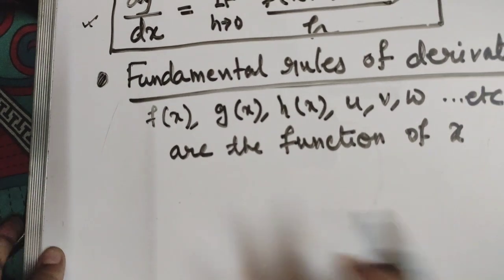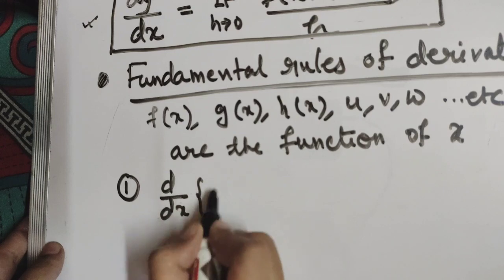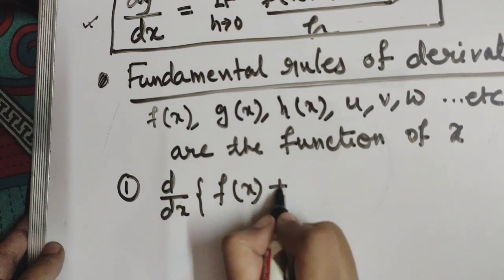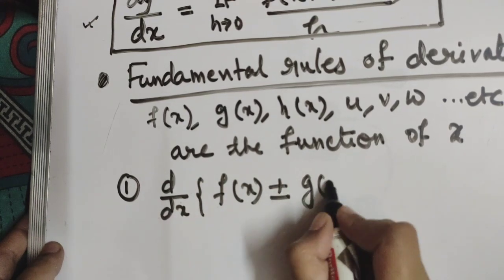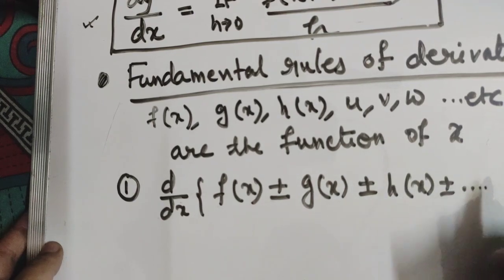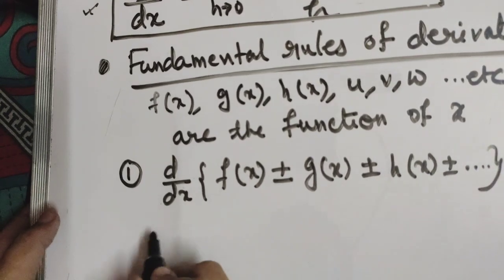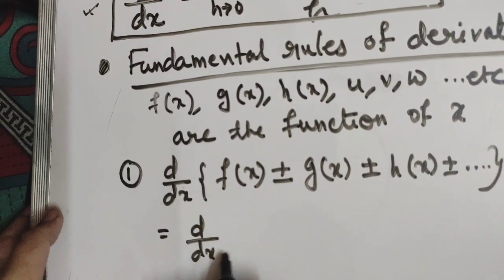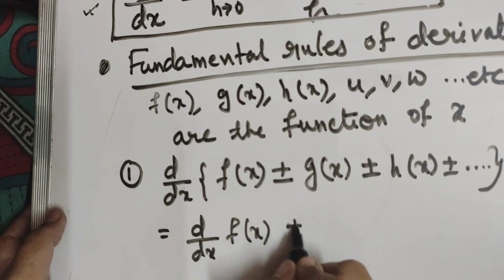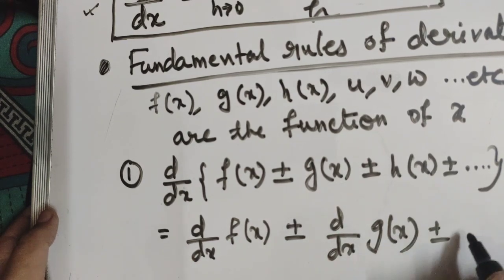Now the rule number one is d/dx of f of x plus or minus g of x plus or minus h of x plus or minus and so on, which can be any function of x. The rule is d/dx of f of x plus or minus d/dx of g of x plus or minus, etc.